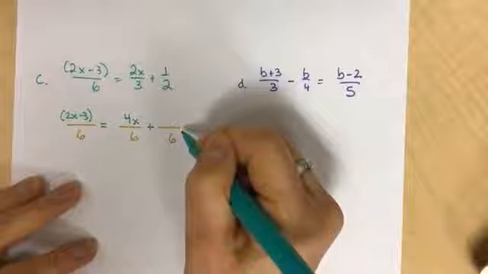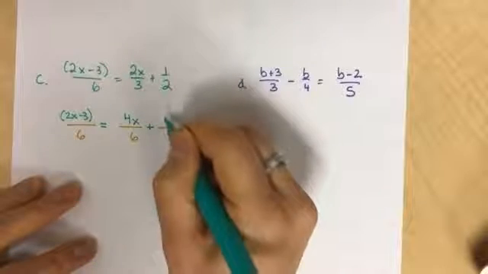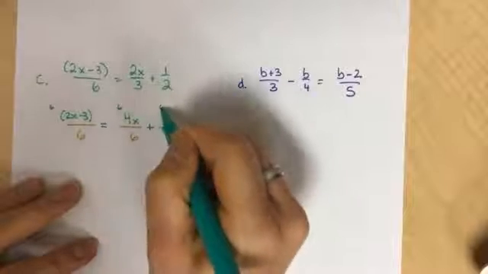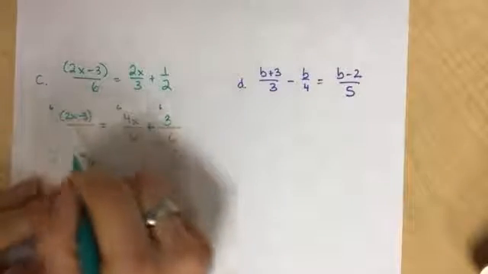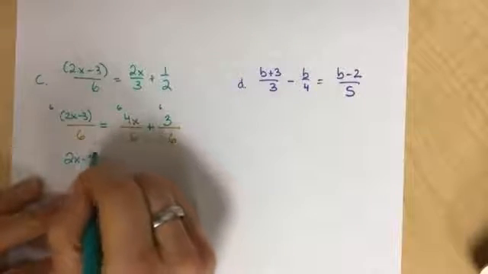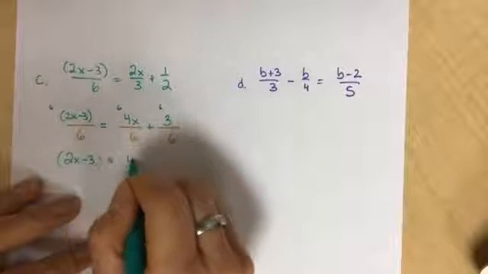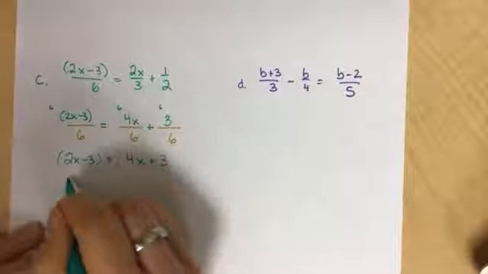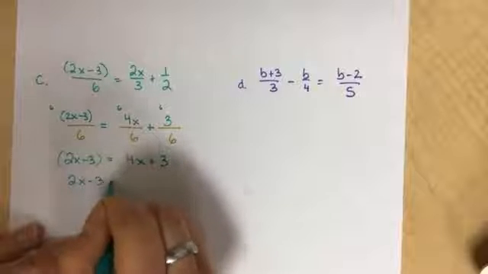For my 1/2, I need to triple, so my 1 becomes 3. Now I'm going to multiply through by that 6, and I get 2x minus 3 and 4x plus 3. These parentheses are really not needed, so I'll go ahead and drop them.